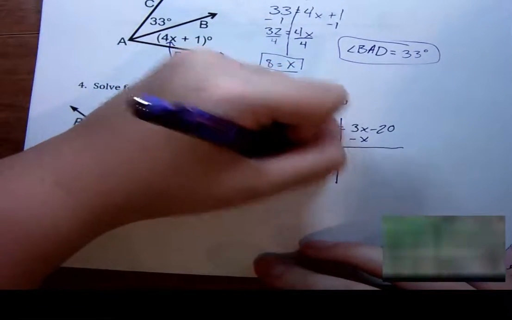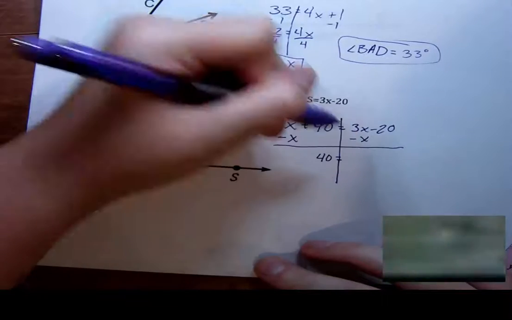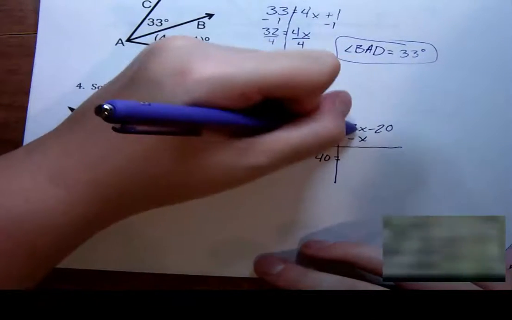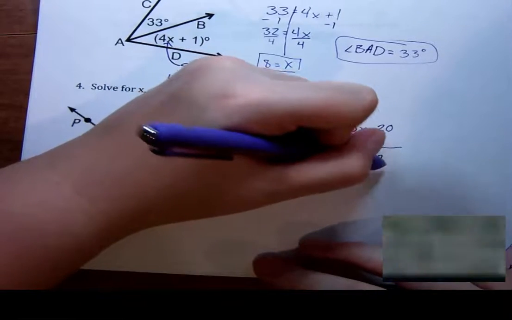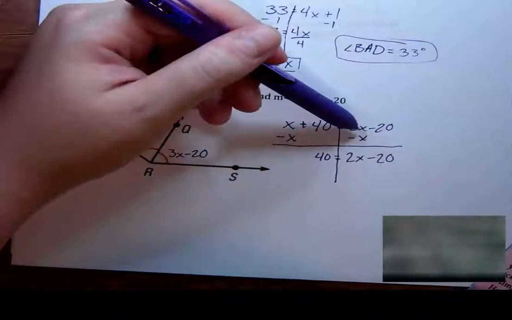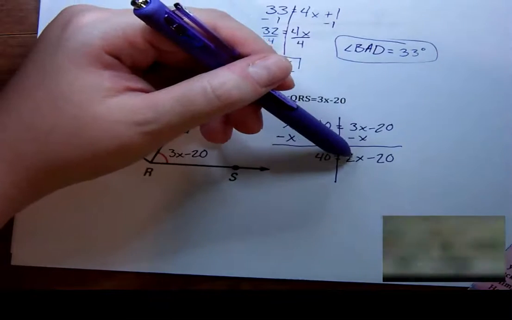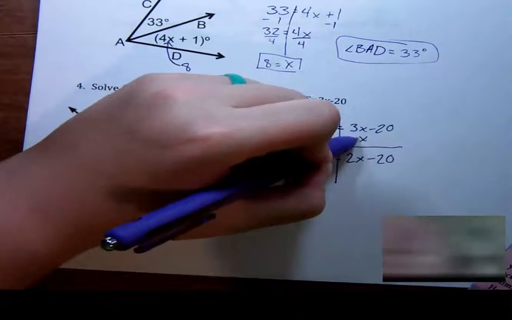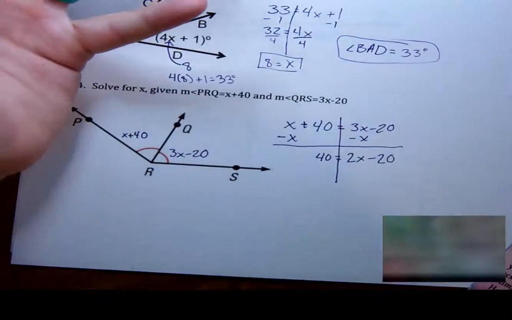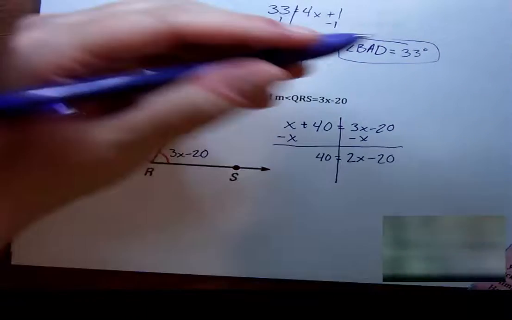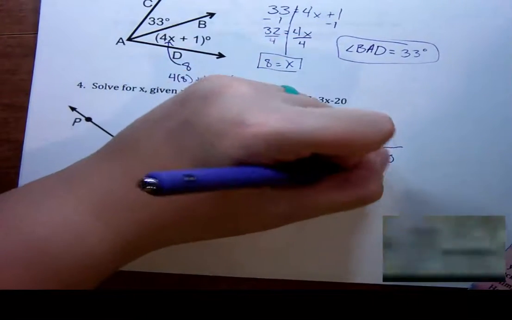I'm going to bring 40 down. Don't forget my equal sign. This becomes 2x minus 20. A lot of times I see if people subtract x, they just bring 3 down. But just remember that this is like having 1x. So if you have 3 x's and you take one of those x's away, you have 2 x's left.